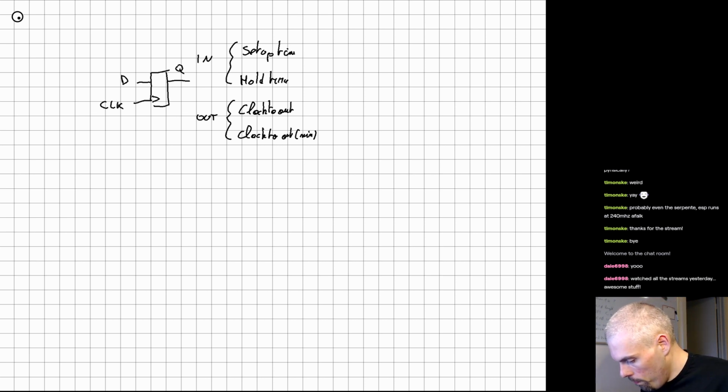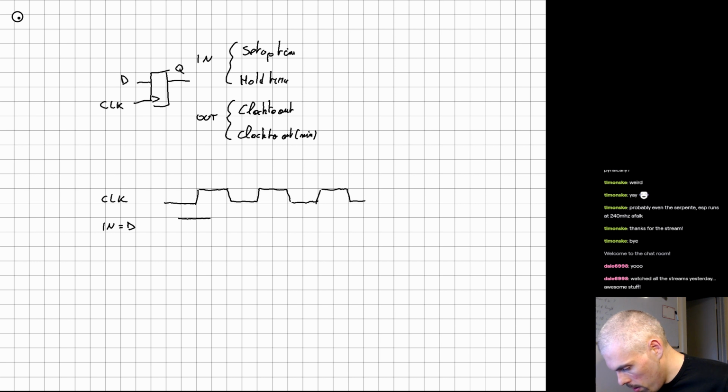So let me draw the clock signal. Let's draw a clock. Right. And that's a positive edge flip-flop, which means it samples data on its rising edge. And so that's the input data, what I named D. So you have some data here.